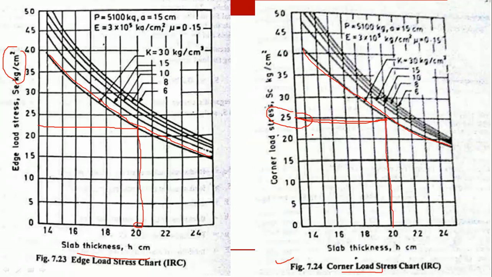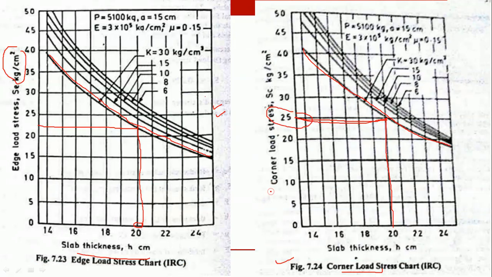Whatever value you get is approximate, since you are referring to the chart, so by the chart you can write the two values. If they have asked to use the chart, it is simple: for the corresponding thickness and modulus of subgrade, you need to find the stress developed.